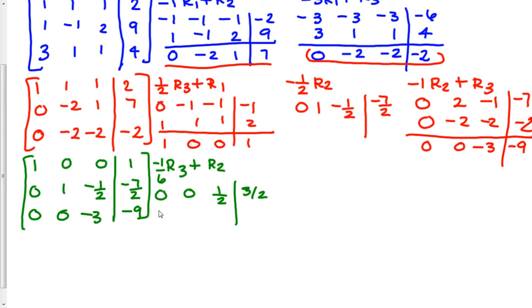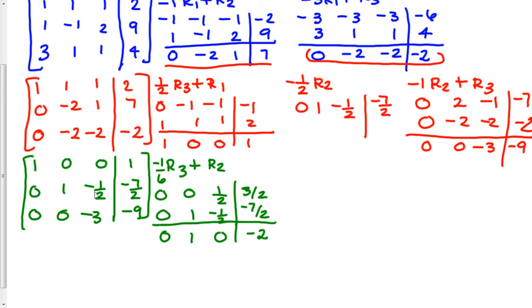And then row 2 right beneath it. And when I add them straight down, I get 0 and 0 is 0. 0 and 1 is 1. 1 half and negative half is 0. And 3 halves minus 7 halves is negative 2.